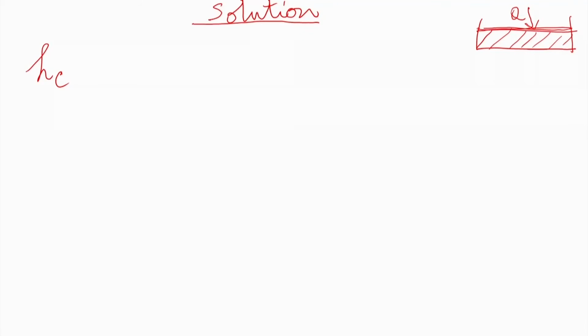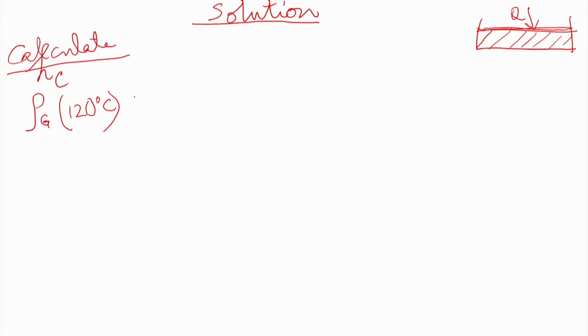So, for the convective heat transfer, we need to calculate Hc first. For that we need to calculate the density of the drying air at 120 degree Celsius, because it is supplied at 120 degree Celsius.